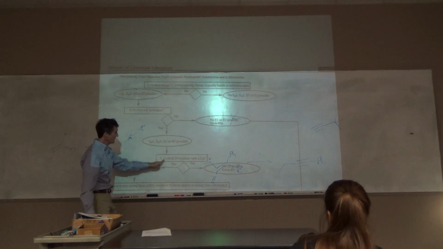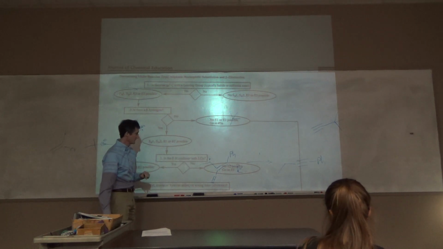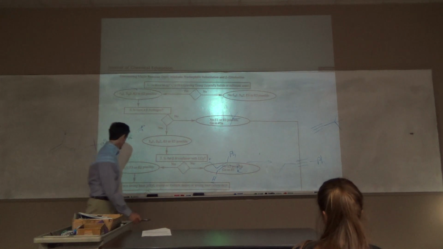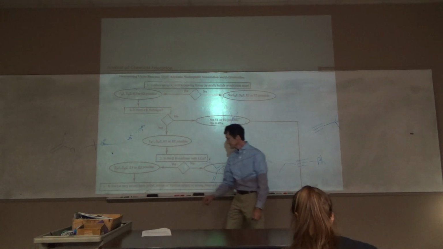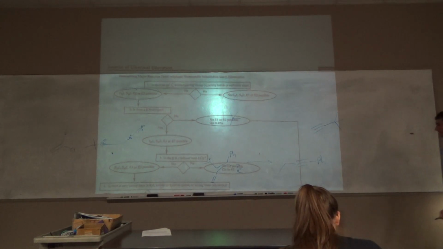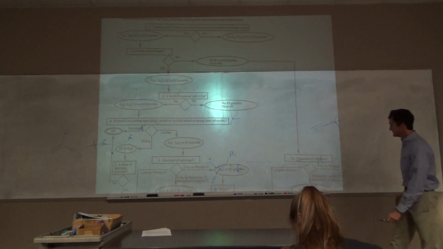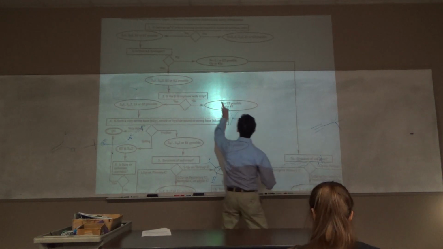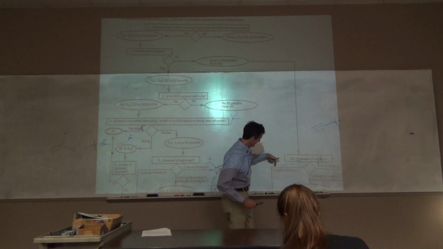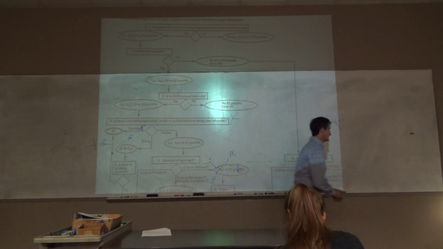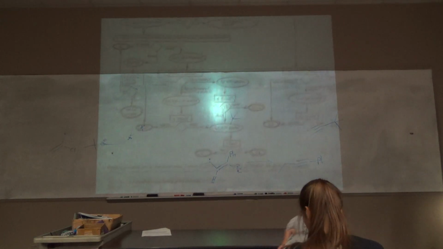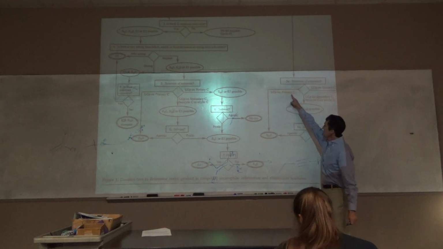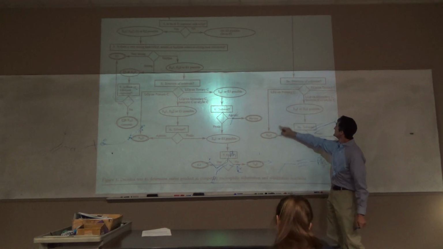Okay? Is the beta hydrogen coplanar with the leaving group? Okay? Is there a very strong base? We're about out of time here. Structure of the substrate. Is the leaving group on a primary carbon? If it's on a primary carbon, it takes you to SN2.